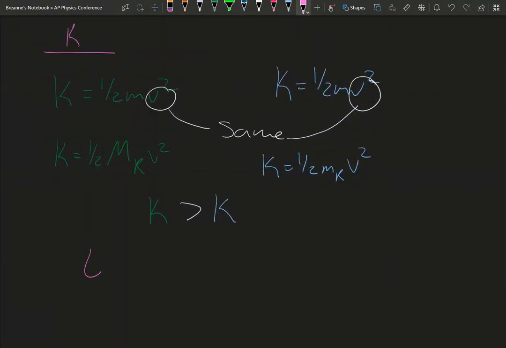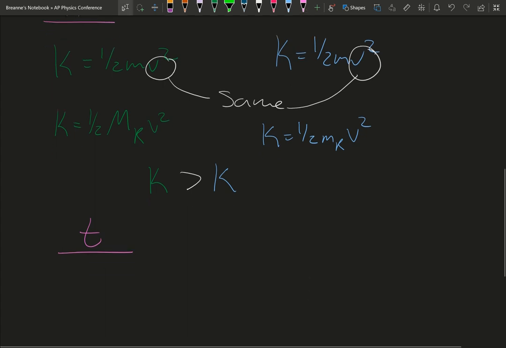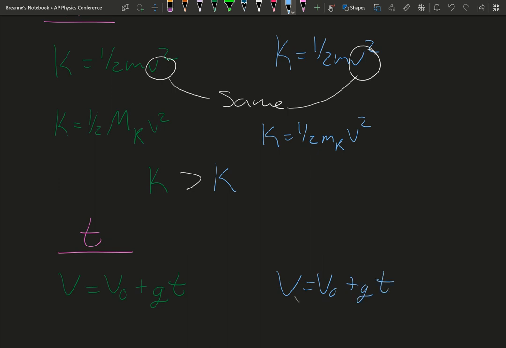So now let's look at time. Dealing with time, we can use our final velocity equals initial velocity plus a t, but again, we're in the y direction, so our a is going to be gravity. We're going to use the exact same equation for the y direction.